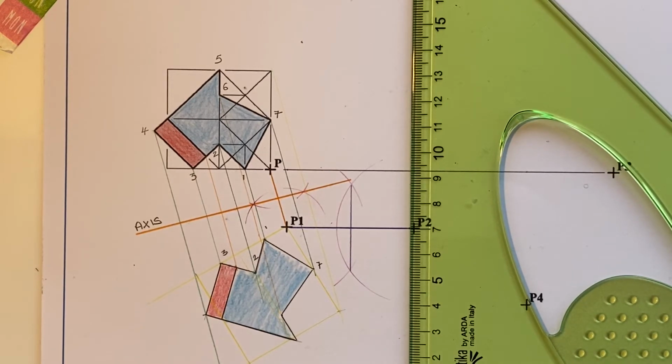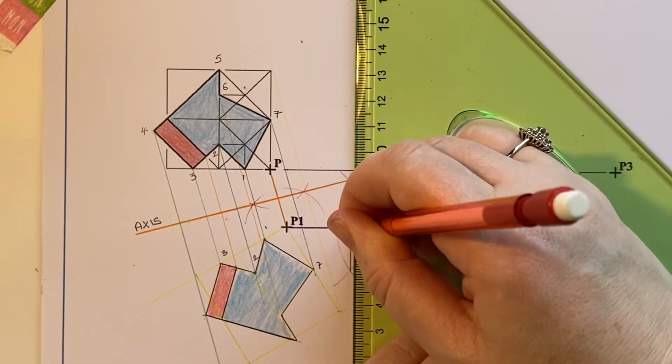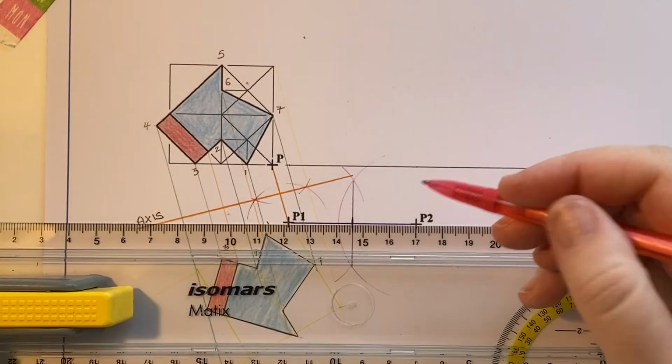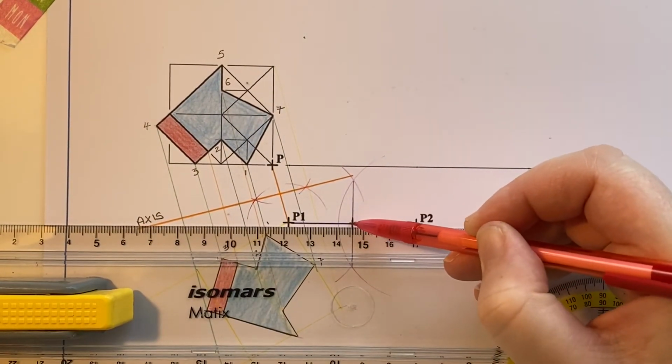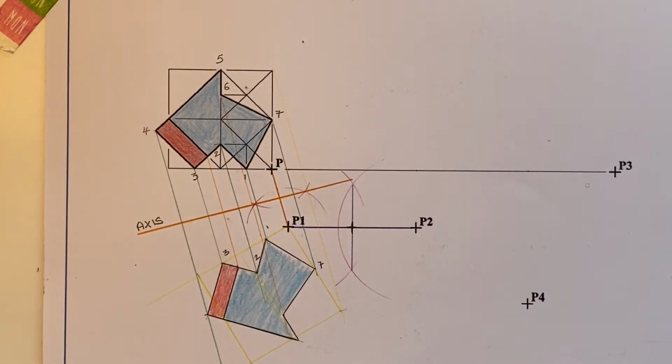Why can't I find my pencil? Highlight it. Anything that they're going to give you marks for, highlight it. All right, so what happens here? Well, P goes through that central point, out the other side, the same distance.